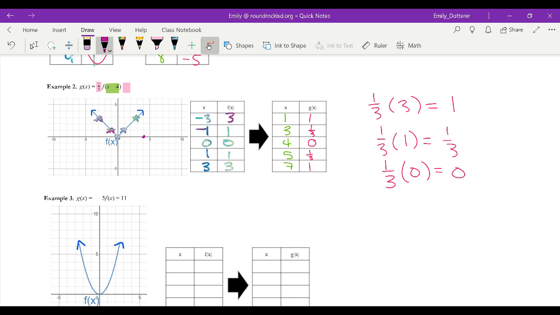We have the point 1, 1. Three and 1/3, so over right here. 5, 1/3. And then 7, 1. Label it g of x. There we go.